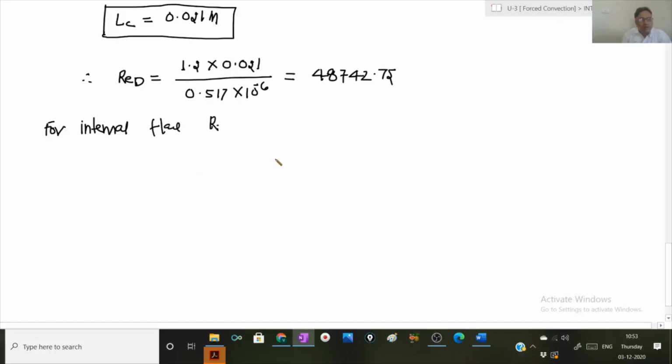So for internal flow, the value of Reynolds number, if it is greater than 2300, flow is turbulent. So in this case, the water flowing through the rectangular tube is turbulent flow.